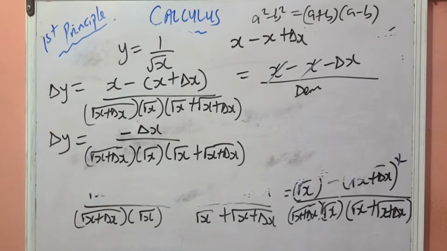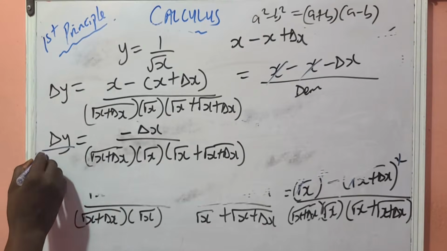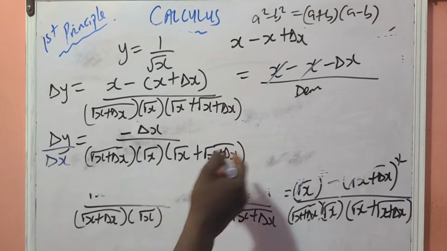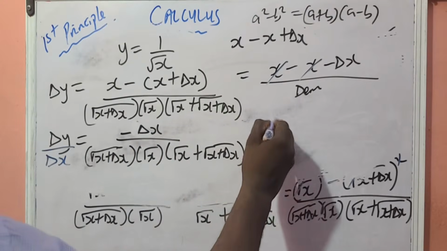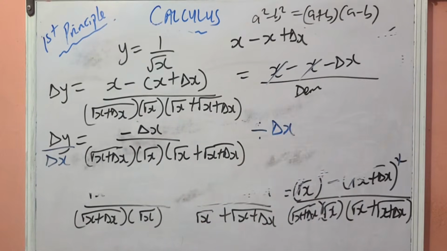Now we want to go on with step number 3. What is step number 3? Step number 3 is for us to divide both sides by change in x. So this is me doing that. I'll be saying divided by change in x. I told you already, we have done this several times, and you don't need to be writing over. Just put divided by change in x. Whatever you're doing to this side, you do to both sides.